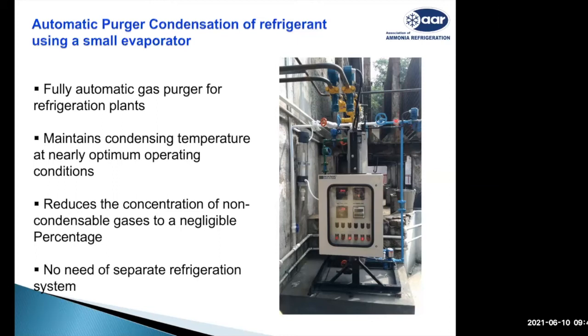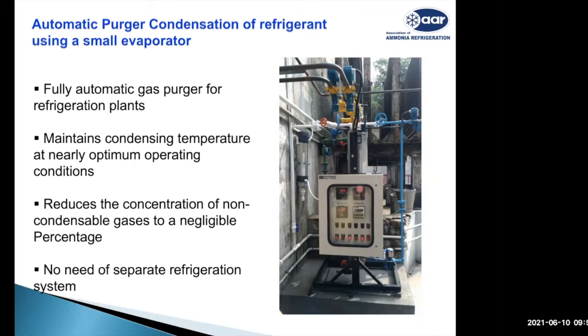Also, in this kind of system, you can see a valve connected over here and another here. The liquid fed into this heat exchanger comes through this and goes back to your compressor. The foul gases come from here into what we call the purge unit.